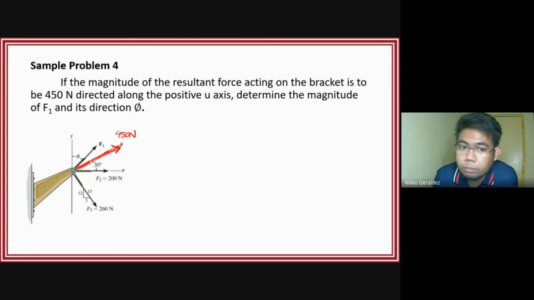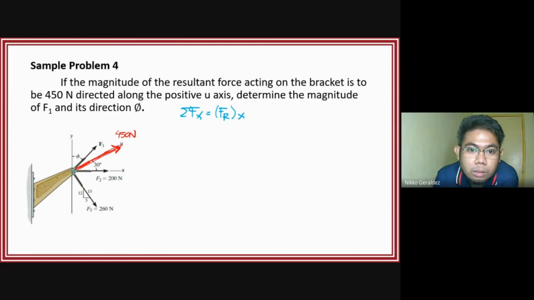So para ma-solve natin yon, gamit ulit tayo ng formula. Summation of forces along x is equal to the x component of the resultant force. And yung isa, summation of forces along y is equal to y components of the resultant force. Ayan. So unahin natin to.